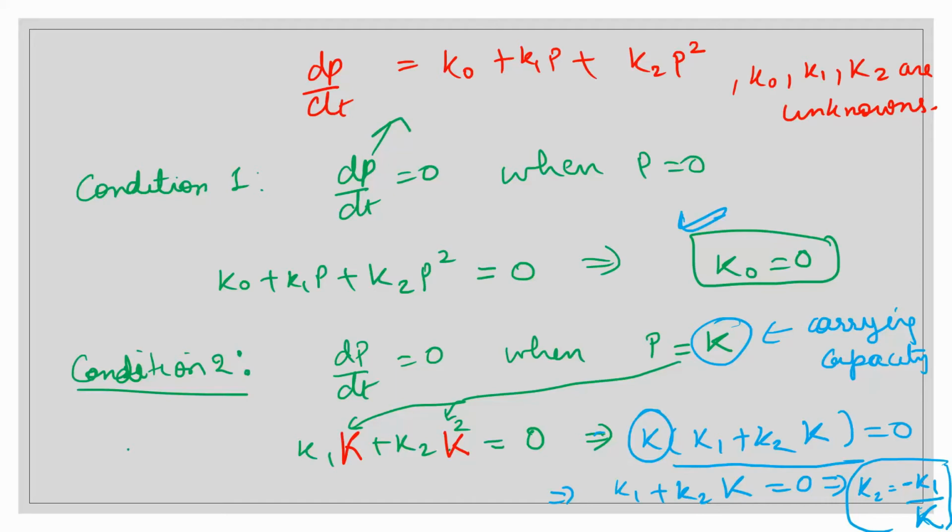Now if we put all these values in my equation, which I can call equation number 1, then what will I get? I will get dp by dt is equal to k1p plus k2p square. Now I can write it as k1p times 1 minus p by K. Why?